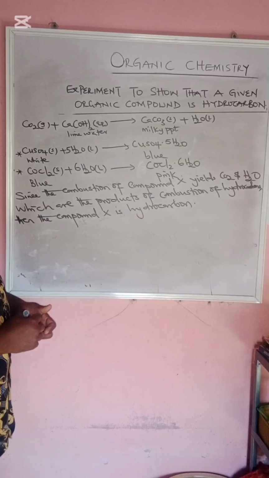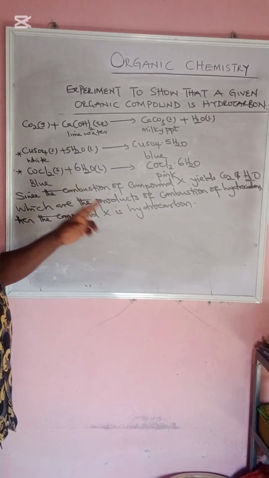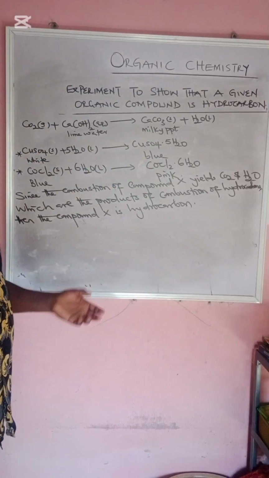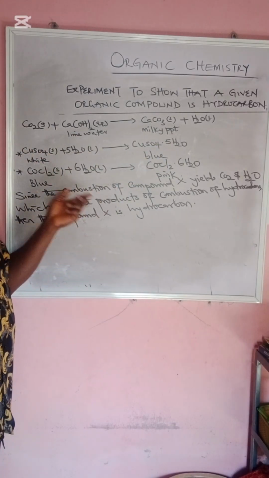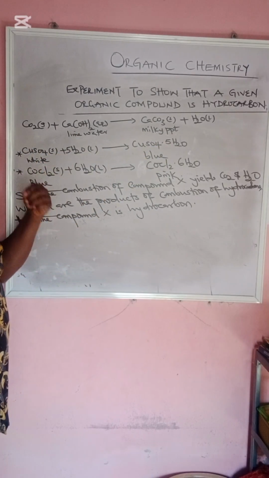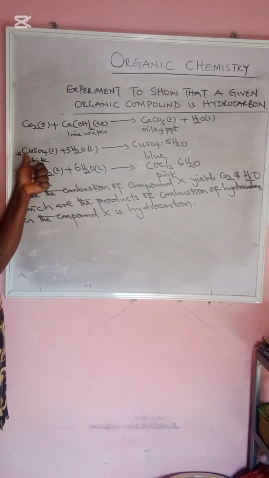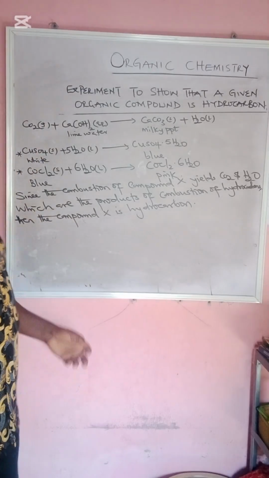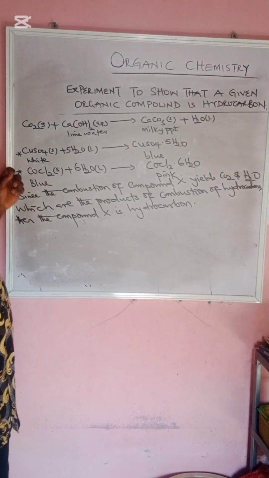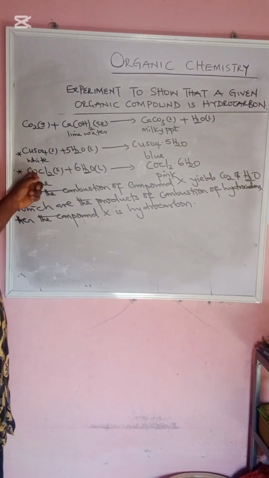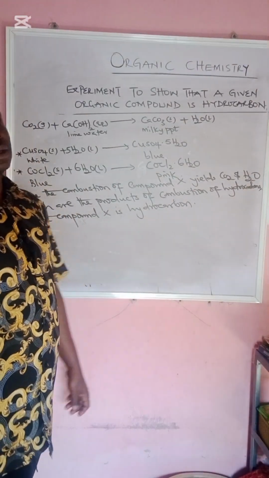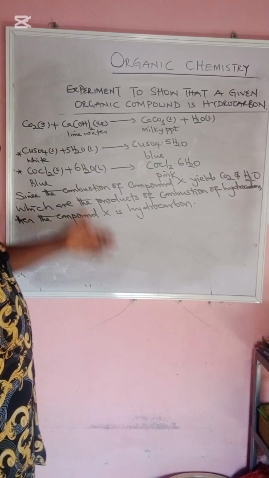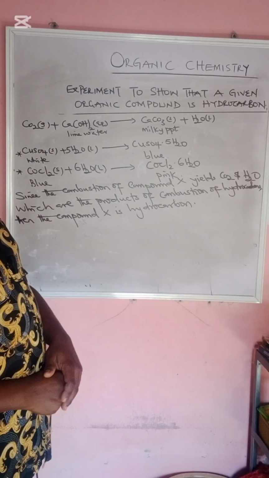So, the test for hydrocarbon: any time a given hydrocarbon undergoes combustion, it will produce CO2 and water. So you check for the gas. If the gas turns lime water milky, it is CO2. If anhydrous copper 2 sulfate turns blue, then it is water. Or blue anhydrous cobalt 2 chloride turns pink, that is water.